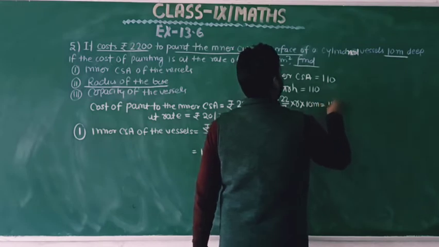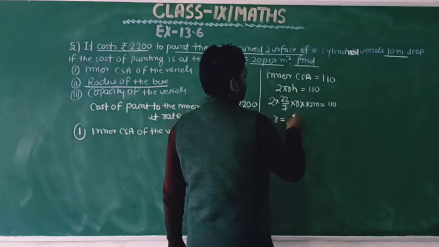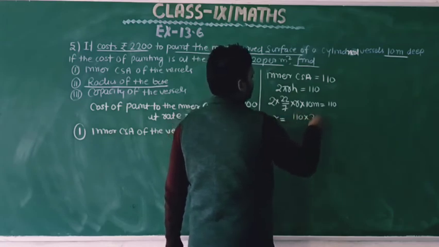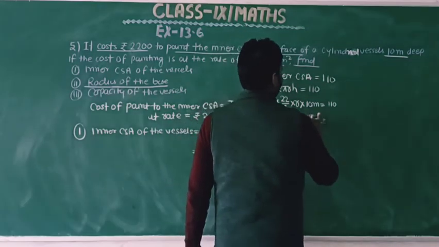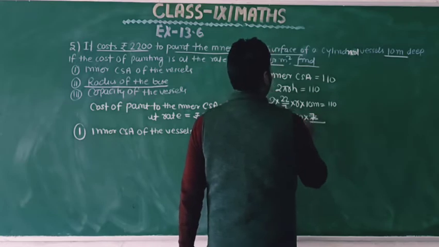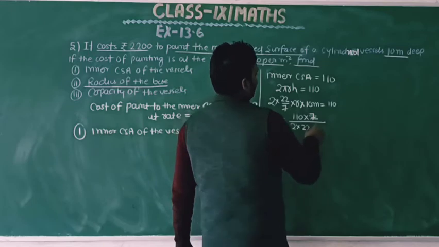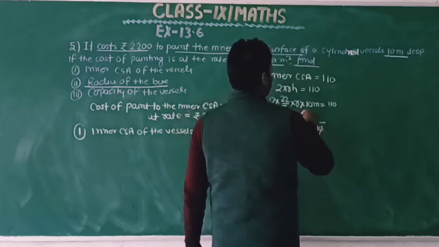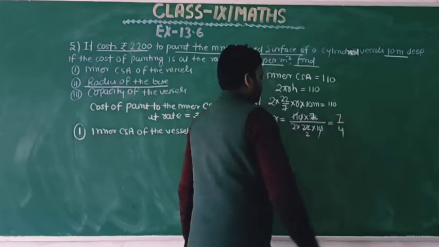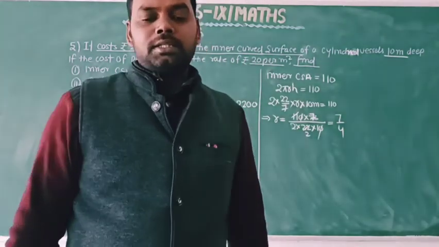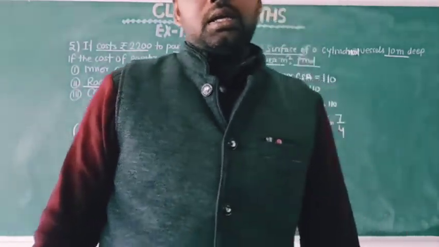This implies radius equals 110 into 7 divided by 2 into 22 into 10. So 0 0 cancel out, 11 by 22 equals 1 by 2, so radius equals 7 by 4 meter.